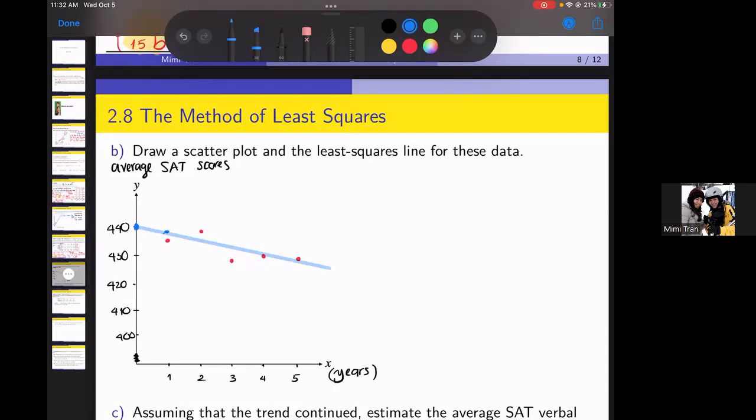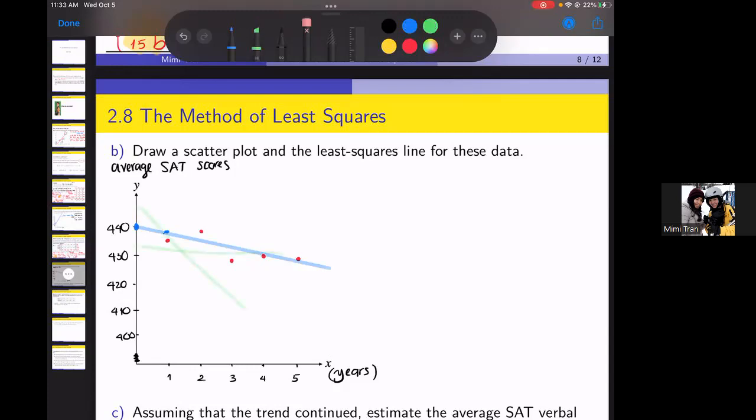I'm going to eyeball it, because you're going to label the y-axis. I'm going to give you marks for it, but it's up to you to label it according to the scales, right? As long as I see the 440 there and the graph makes sense, right? Don't do this, I know it'll be wrong. It just has to make sense.